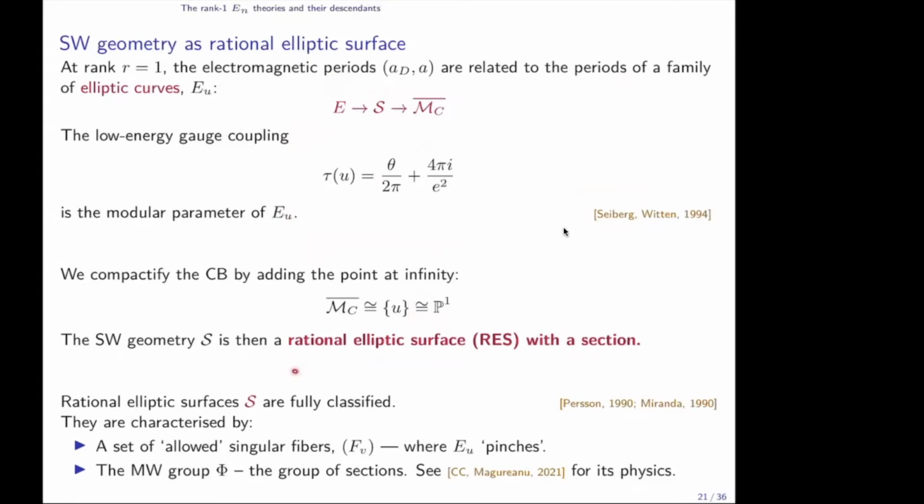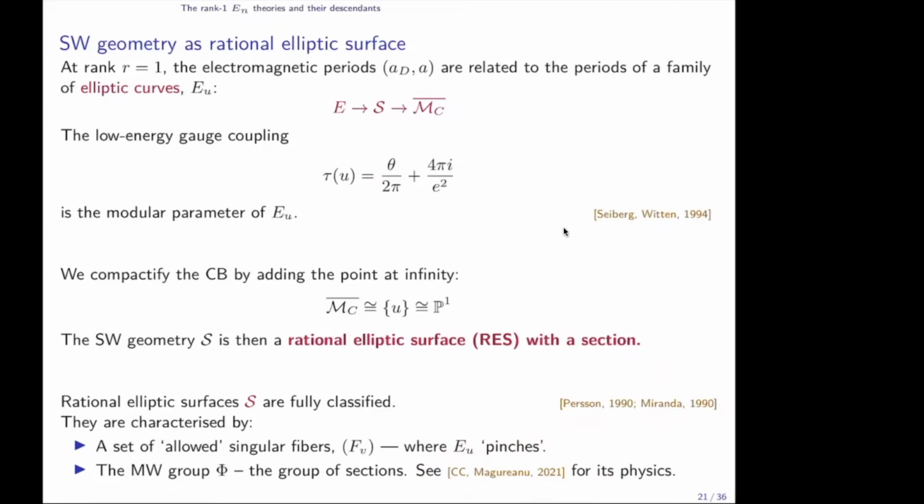The cool thing is that rational elliptic surfaces are fully classified by Persson in 1990. So you can look at their list and understand what is the physics interpretation of all of that, and that's part of what we did in gory detail in that paper with Aurora Magureanu last summer. Here, suffice to say that rational elliptic surfaces are fully classified and characterized, in fact, by two things. One, their set of allowed fibers.